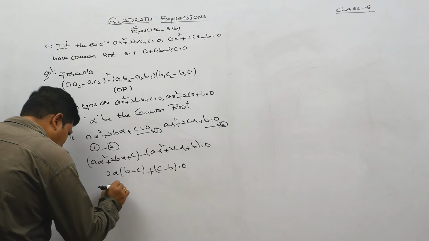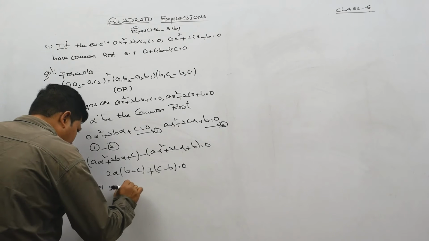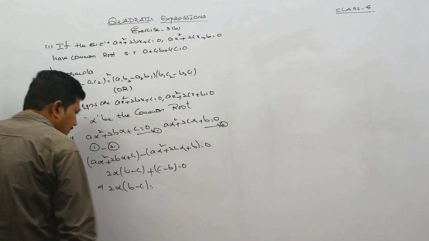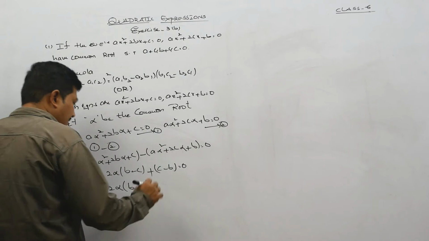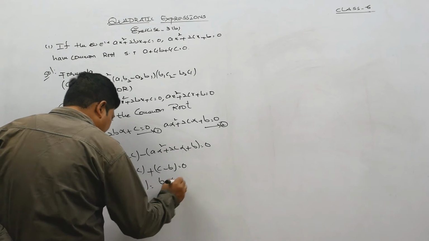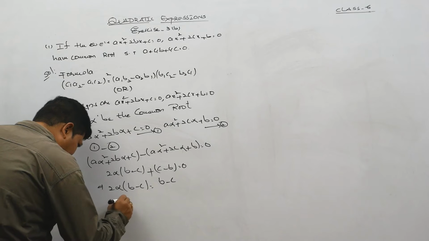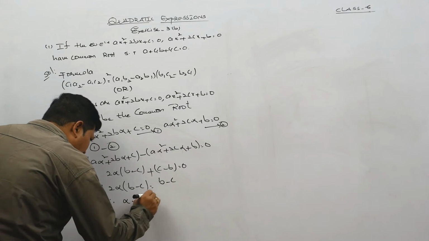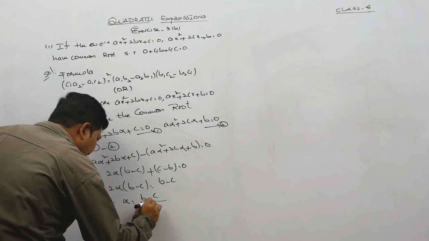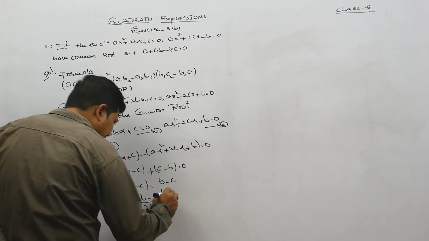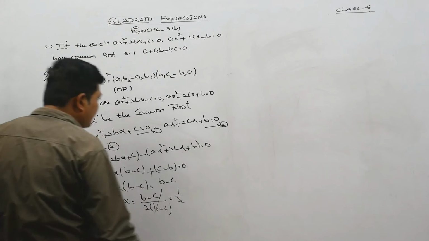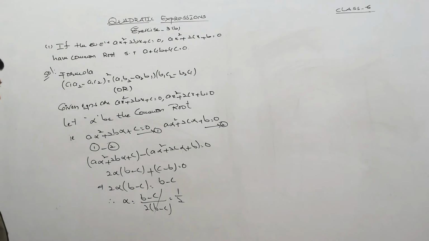This implies 2 alpha into b minus c is equal to, taking c minus b to the other side, the signs reverse, b minus c. Therefore, alpha is equal to b minus c by 2 into b minus c. So b minus c cancels and alpha is equal to 1 by 2.